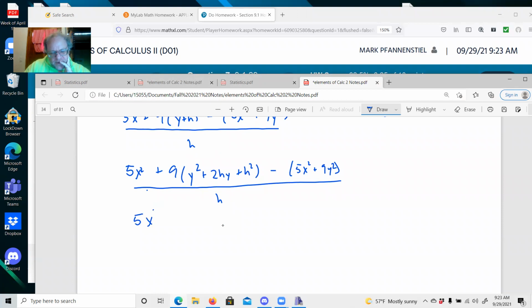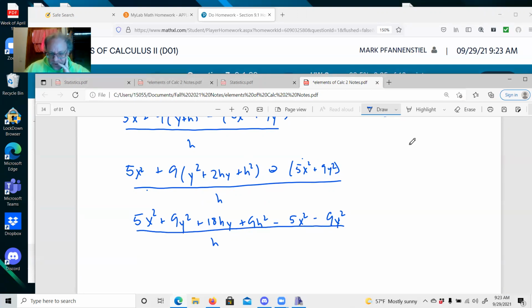Okay, 5x squared plus 9y squared, plus 18hy plus 9h squared minus 5x squared. Don't forget to distribute the negative sign to both of these, something I'm likely to forget to do.